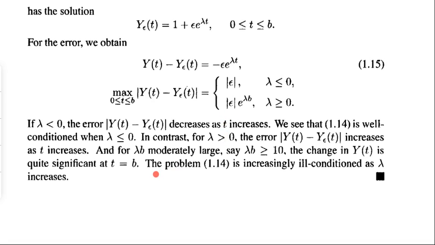In other words, for example, when lambda b is a large value, for example greater than 10, the change in y is quite significant at t equals b. So our problem will be increasingly unstable and increasingly ill-conditioned.